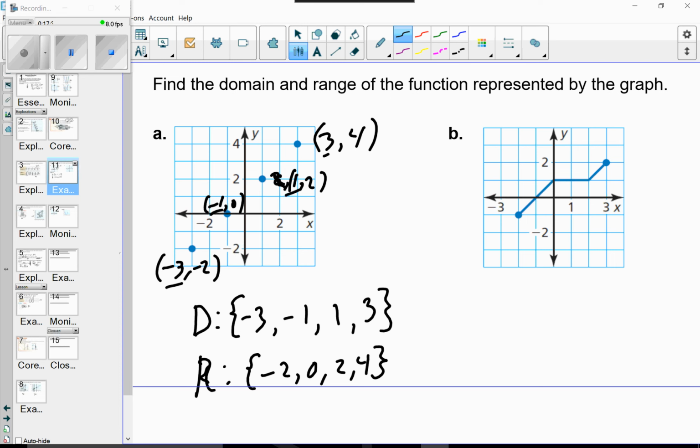Okay. Now for this next one, it's a little bit different because all those points for A are just individual points. If you look at B, it's more like a line. It's connected lines. They're not just a bunch of individual points. So for this particular one, we're going to have to represent this using old knowledge. Remember how we just got done writing out our ands and ors? Well, this is going to be kind of like an and.